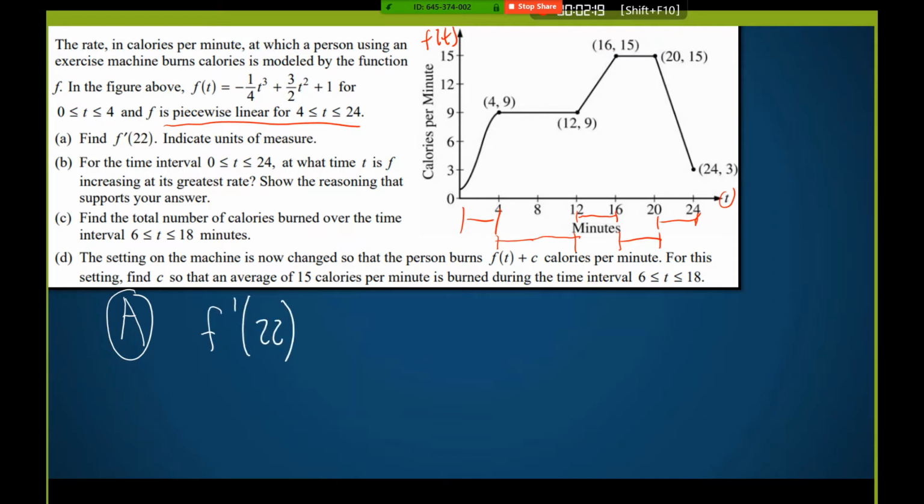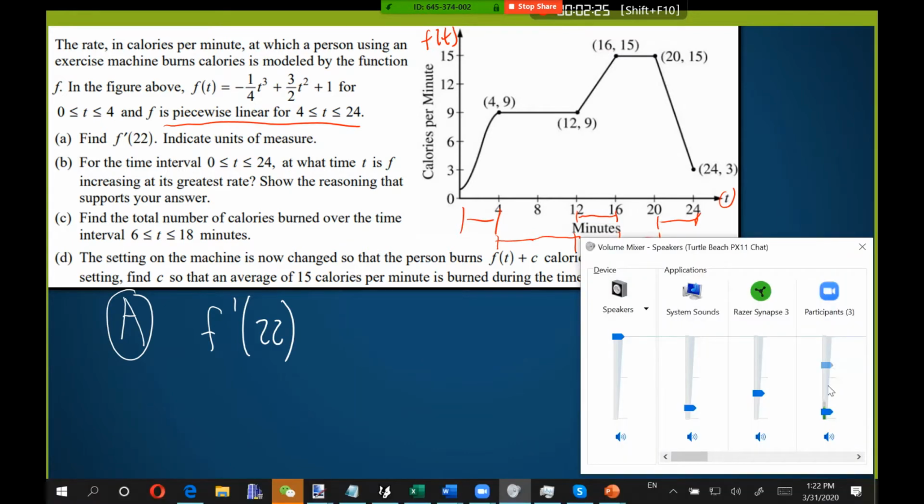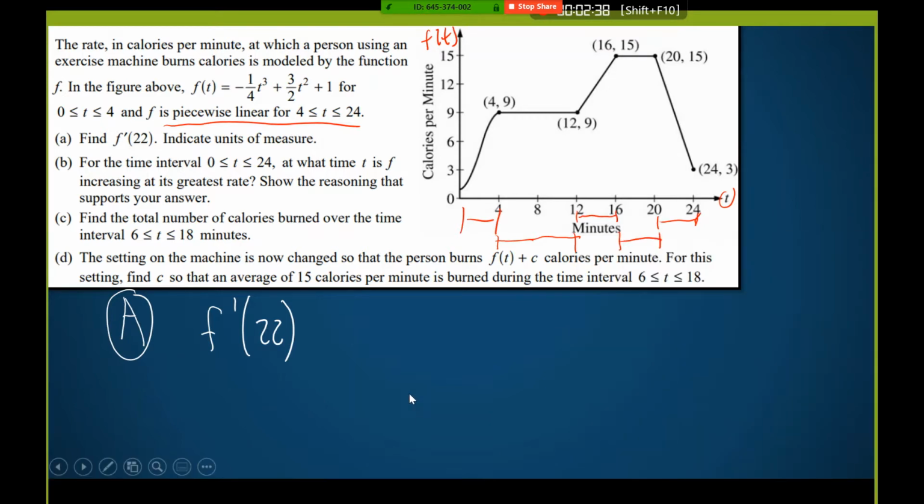Okay, I heard it, but I'm not sure the recording did, but you're right. So we need to get the slope of this line. So how can we get the slope of this line?